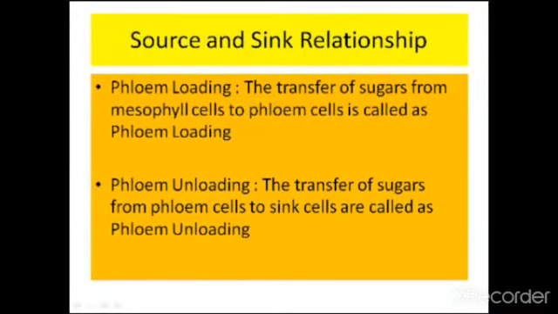Whereas during unloading, the sugars which are present in phloem are in the form of disugars, so that sugar, when transferred to sinks, is converted into soluble sugars. Thank you.